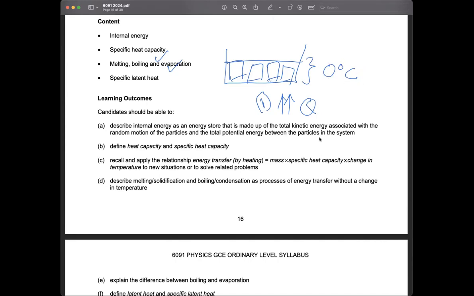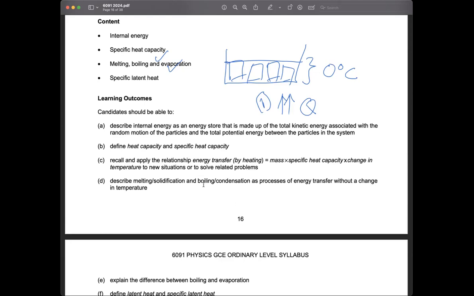When you have a fixed temperature, the kinetic energy is fixed. So when you supply energy to this system, it is the potential energy that increases. When a solid becomes a liquid, during the point of melting, the potential energy goes up and the kinetic energy remains the same.